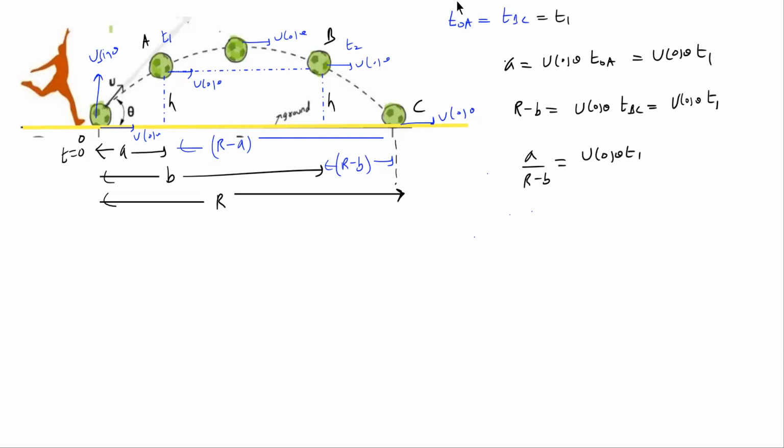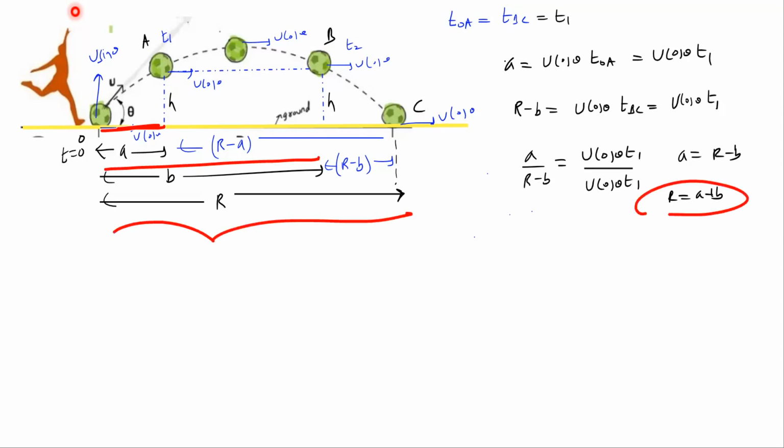From these two equations, A equals R minus B, or R equals A plus B. The sum of this distance and this distance should be equal to the total range. Are you getting it? That's the equation I derived.